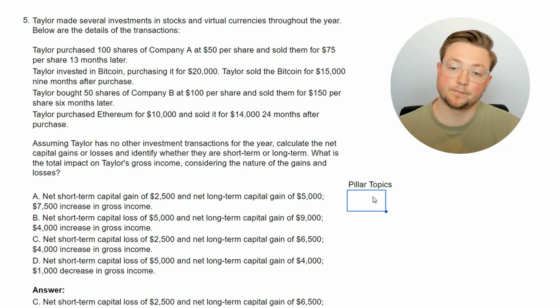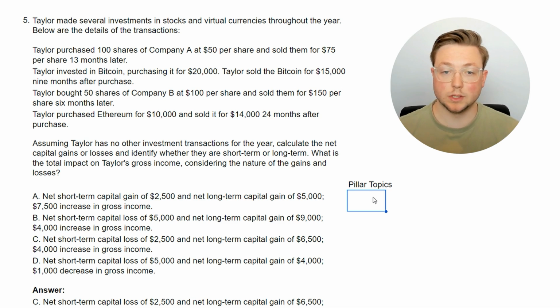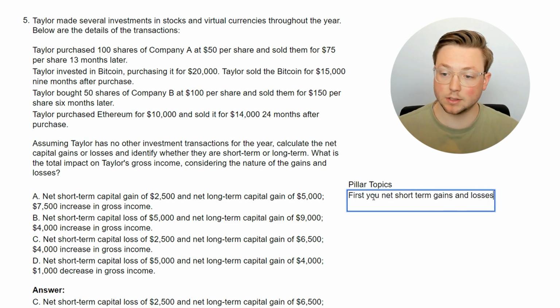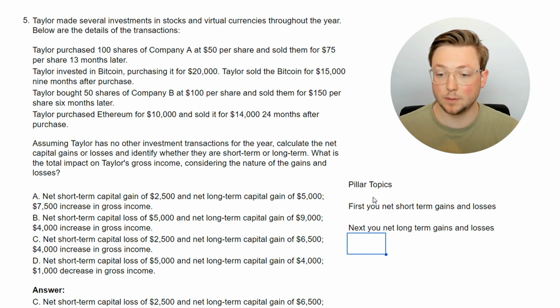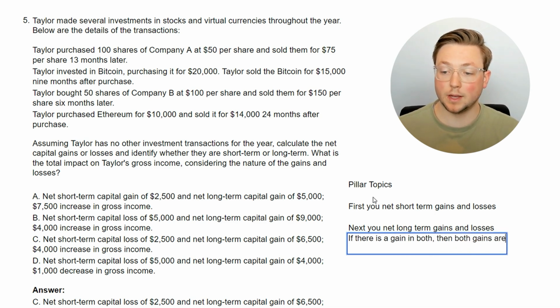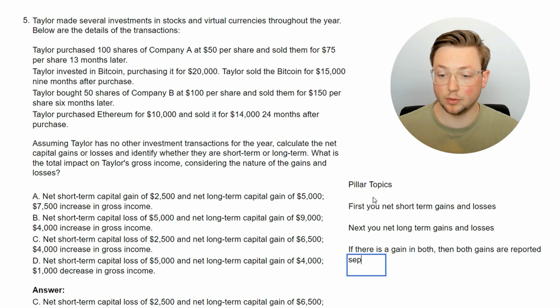Okay, so basically, I think the biggest thing was learning those different steps. First, you net short-term gains and losses. Next, you net long-term gains and losses. If there is a gain in both, then both gains are reported separately.